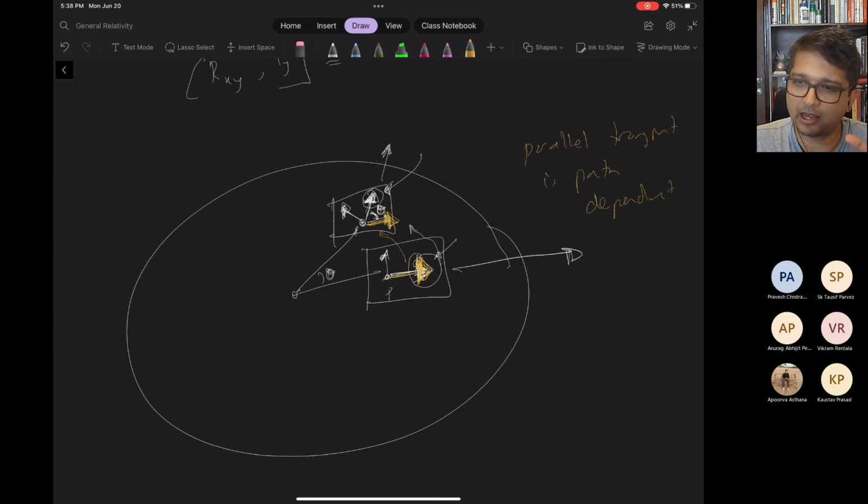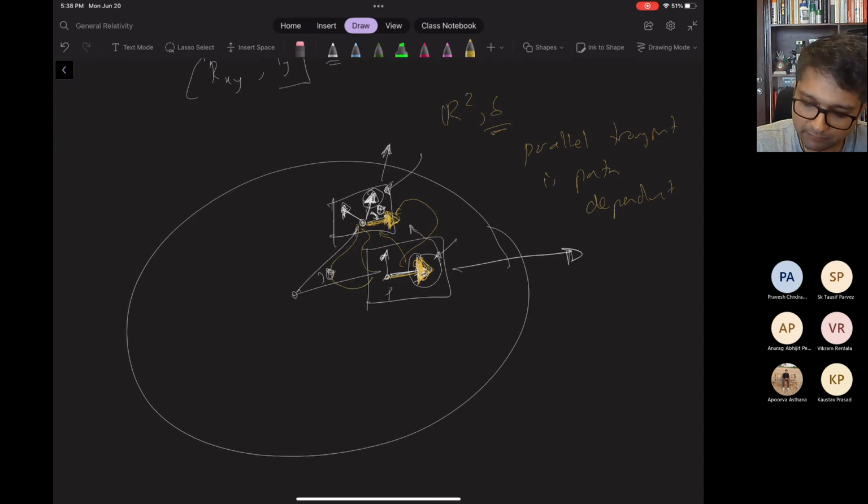However, on a manifold which is flat, that is, has no curvature, and that is true for this R2 delta, there is no curvature. Then all paths, no matter which path I take to get here, will give me the same reference vector here. They'll give me the same parallelly transported vector.